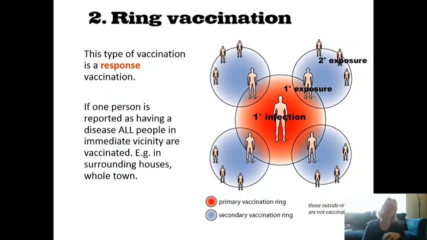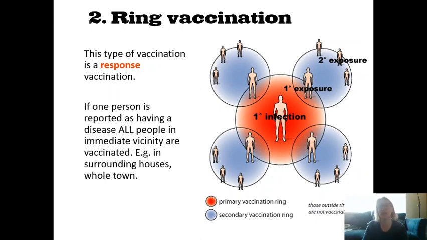So this is something that they tried to use with Ebola. When Ebola disease took hold in Sierra Leone, they tried to prevent it from spreading out of Sierra Leone by using ring vaccination.